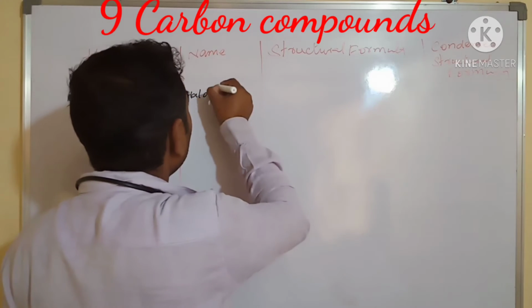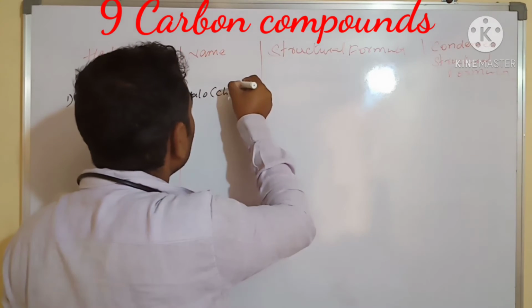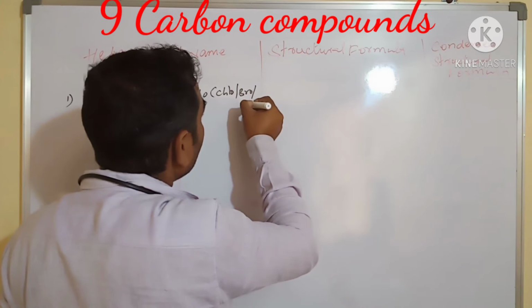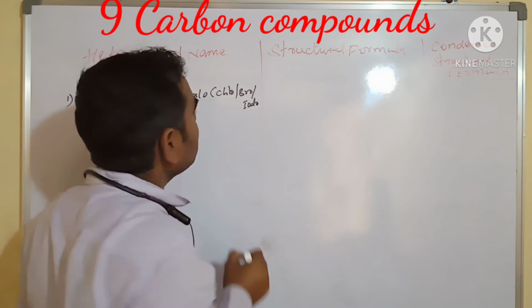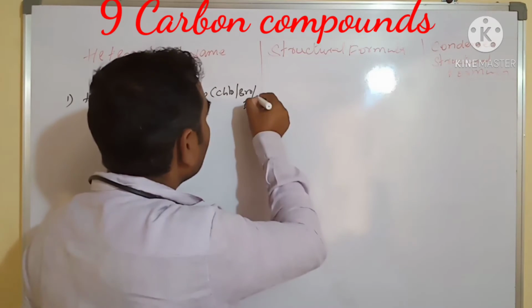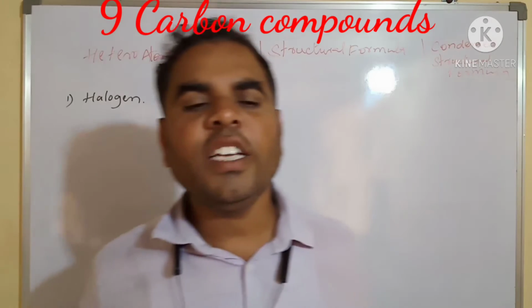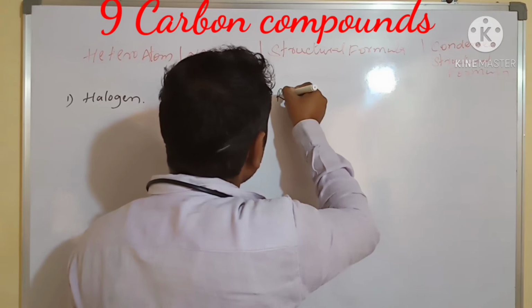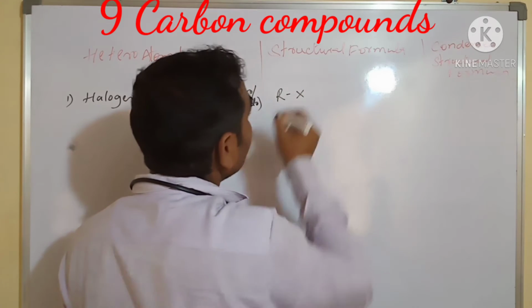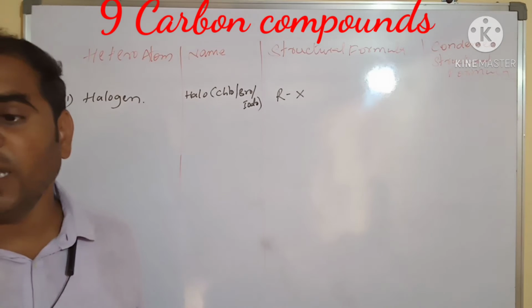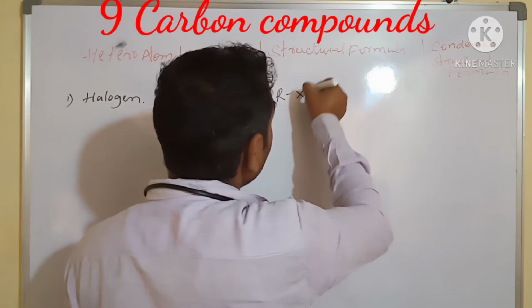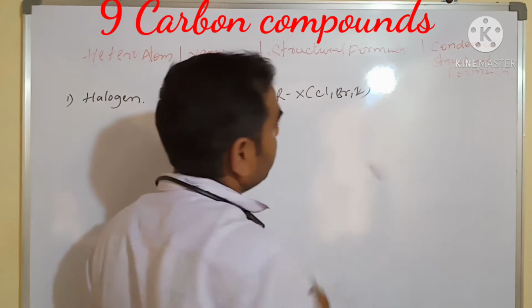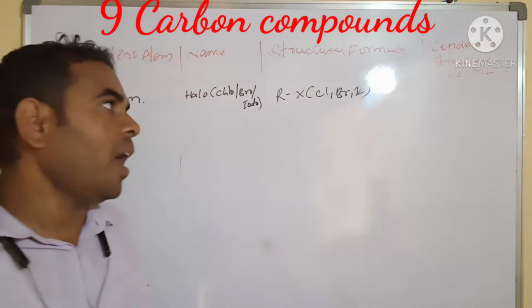Next, the structural formula: RX, where X means halogen, that is chloro, bromo, or iodo.